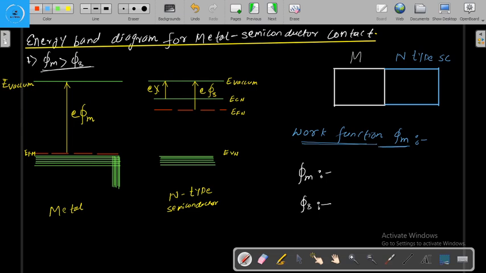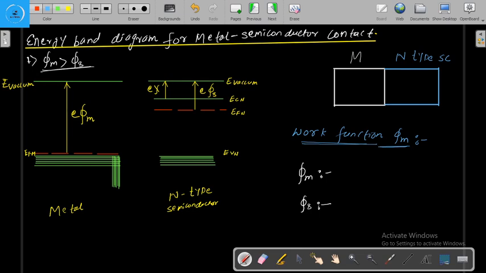If the work function of the metal is greater than the work function of the semiconductor, this means the semiconductor can easily escape the electron from its Fermi energy level, or its conduction band, to the vacuum, whereas the metal requires a larger energy to escape the electron at absolute zero temperature.